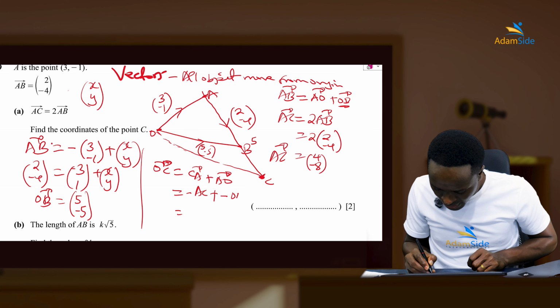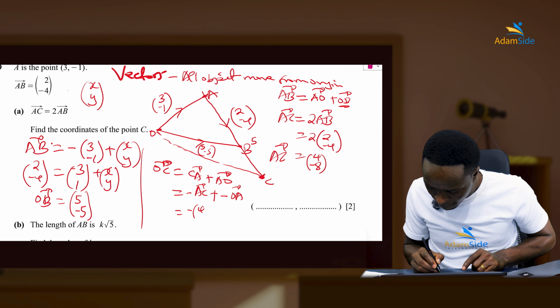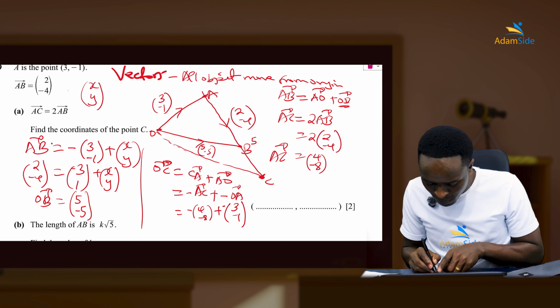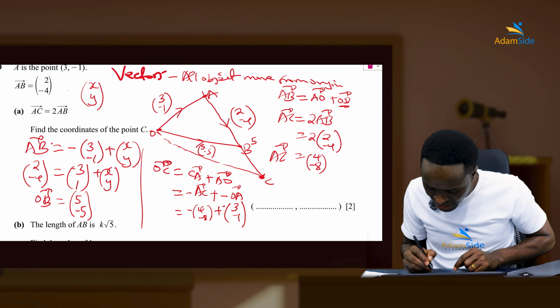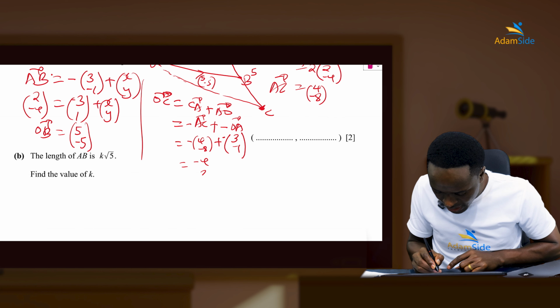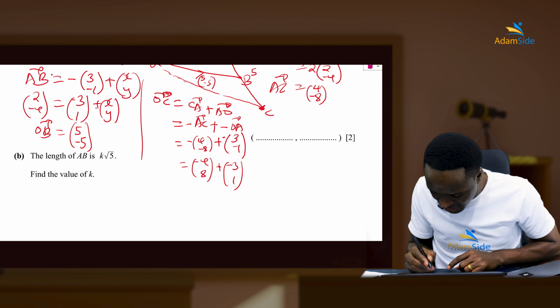All these are vectors. So what is negative AC? Negative AC is negative 4, negative 8, plus negative 3, 1. Negative 1 times 4, 8 gives -4, -8, and negative 1 times -3, 1... so negative 4 plus negative 3 gives negative 7, and then 8 plus 1 gives 9.